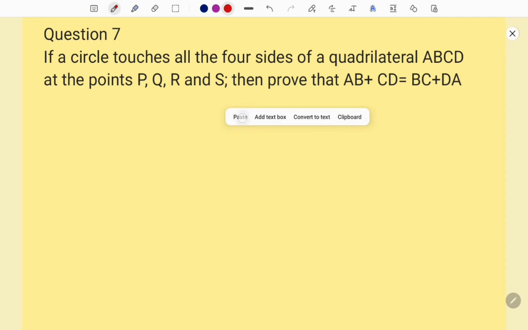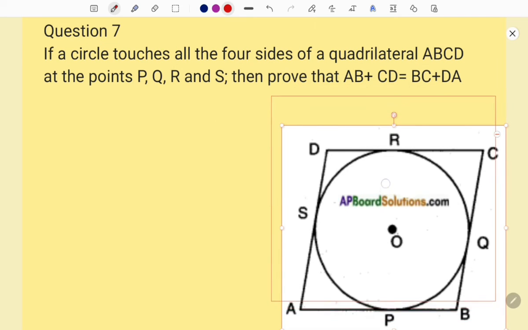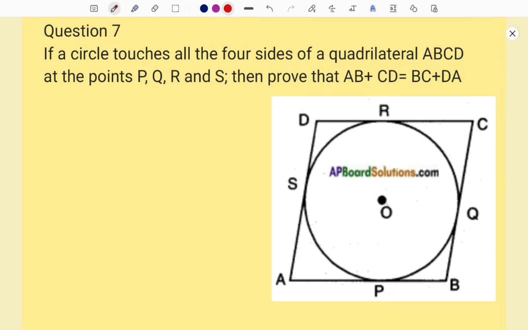The diagram is like this. Here A, B, C, D is a quadrilateral. This is the shortcut quadrilateral. ABCD is a quadrilateral.